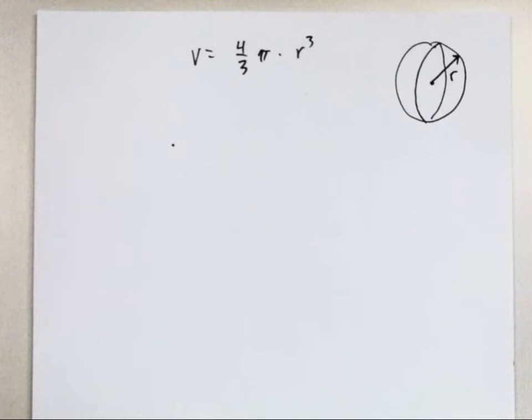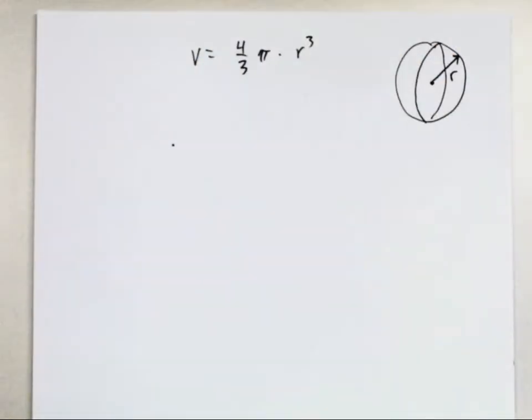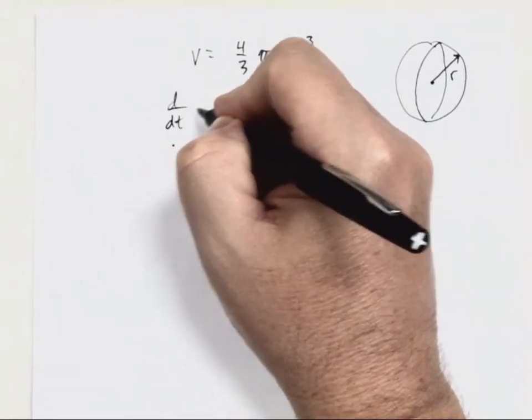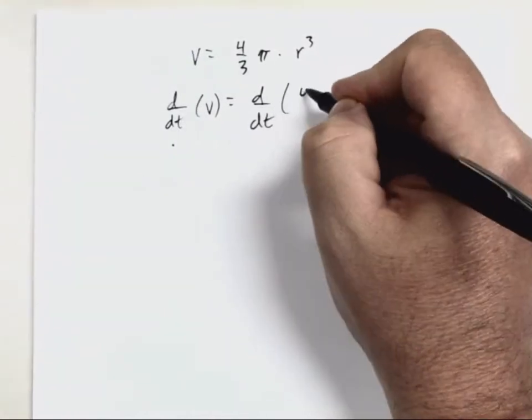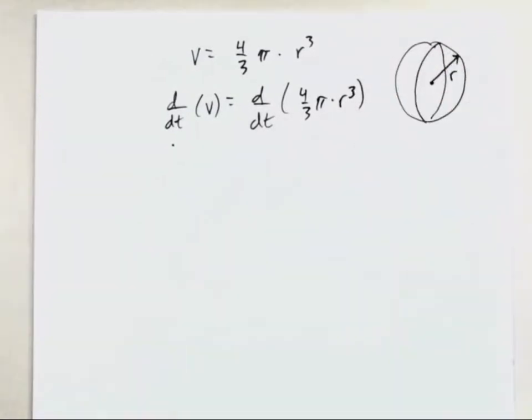So in order to learn about this cantaloupe, I need to change this equation to a rate equation, which means I'm going to take the derivative of both sides with respect to time. Time is not one of the original variables, so every time I take the derivative, I have to remember my implicit differentiation rules.